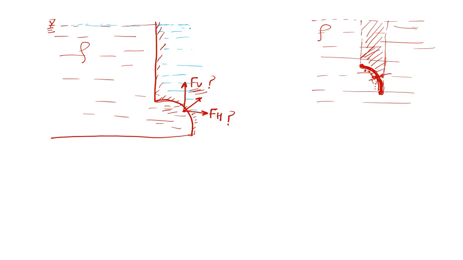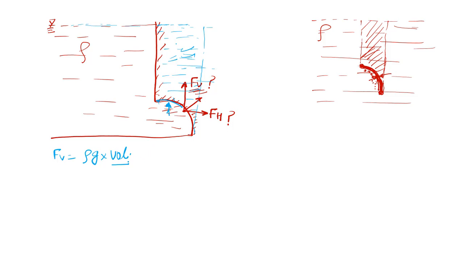The same amount will apply a similar vertical force as that applied from the bottom direction, Fv. So if we calculate this, we are calculating Fv. For evaluating this, we already know the method: Fv is rho g into volume. So what is the volume on the top of this surface?